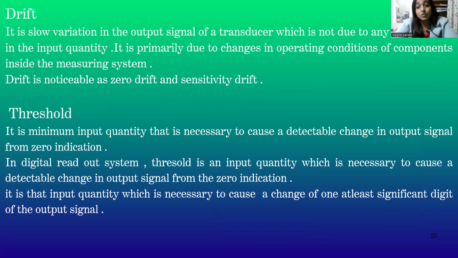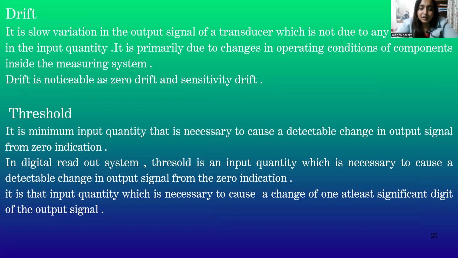That change over time is nothing but its drift, due to the components inside. It is a slow variation in the output signal of the transducer, which is not due to any input quantity. It is primarily due to change in its operating condition. It is noticeable as a zero drift and sensitivity drift.